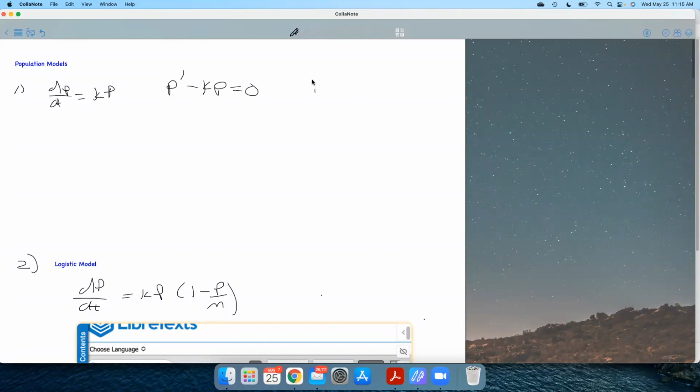Then my integrating factor, mu of t, t is my independent variable here, would be e raised to the antiderivative of negative k dt, which would be e to the negative kt.